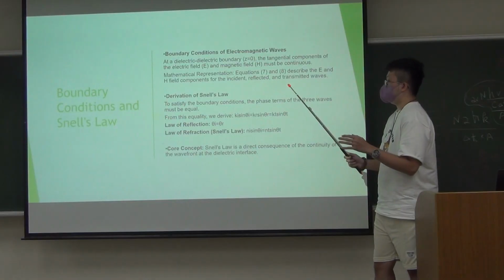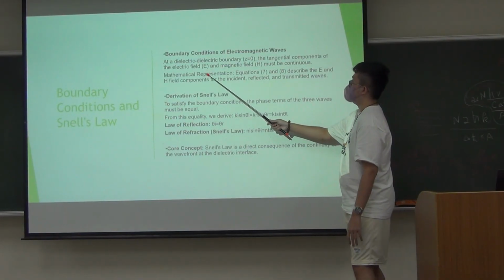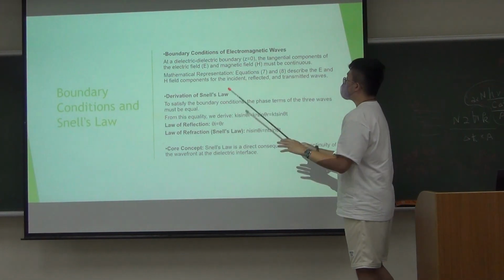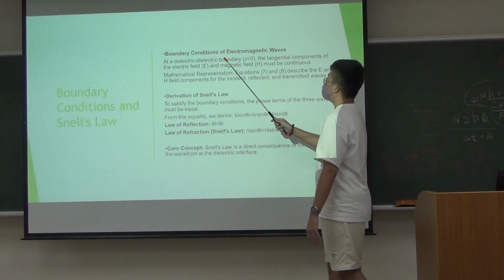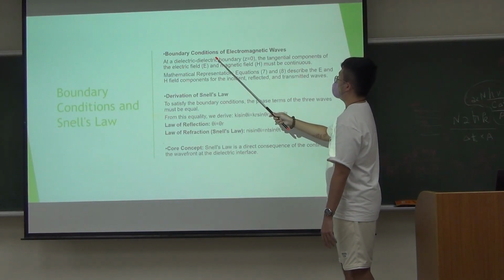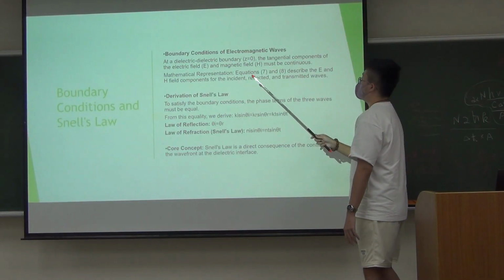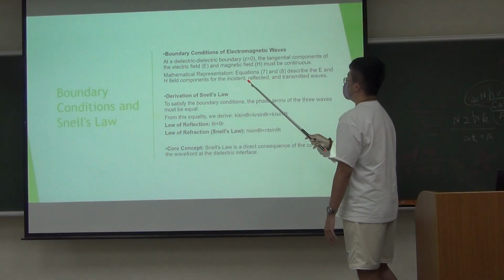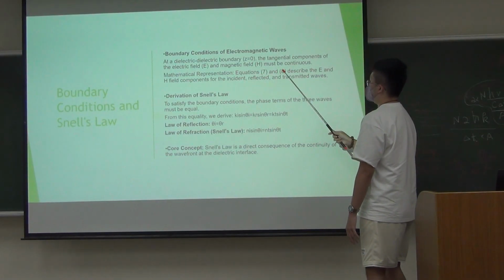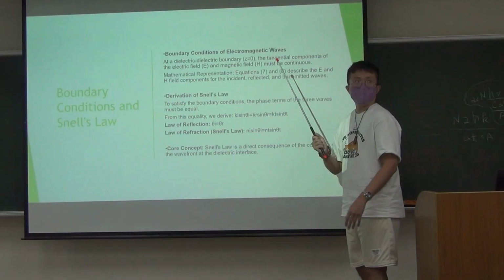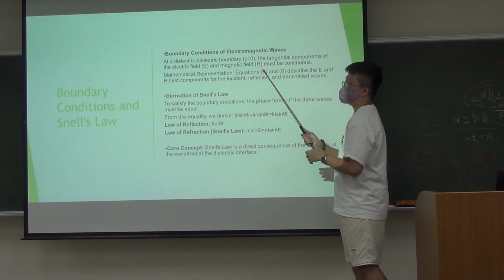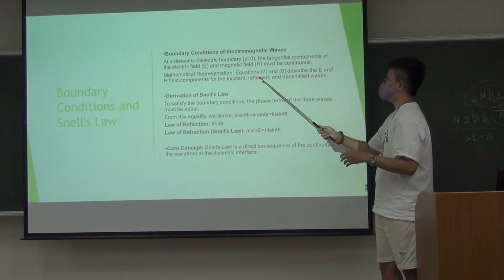the content that the electric field and the magnetic field must be continuous at the boundary. The electric field and magnetic field must be continuous at the boundary, and it makes the phase the same because of equations 7 and 8, but I forgot to put the equations on it, but they are in the textbook.